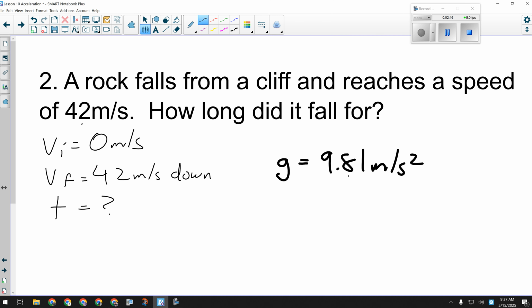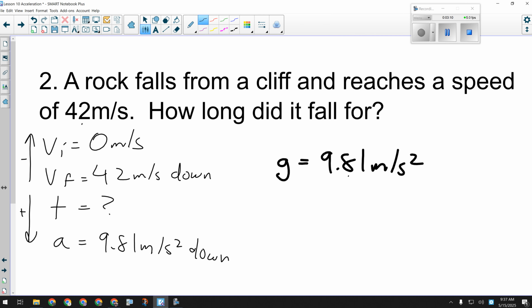So I'm looking for time, and I have acceleration at 9.81 meters per second squared, also down. Usually I make up positive, but in this case I don't have any ups, so I'm just going to go with down positive because it's easier. I can make them both negative; it'll come out the same answer.